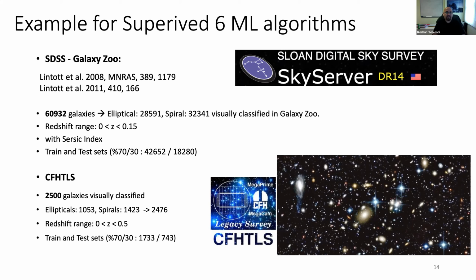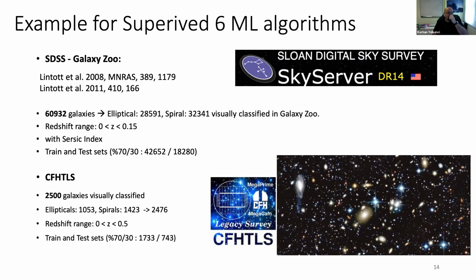The redshift range is between 0 and 0.15, and they have Sersic indices, which means they have the morphological definition as a number. We train and test with 70% and 30%: we train on 70% and test on 30%. And I will show you the results.